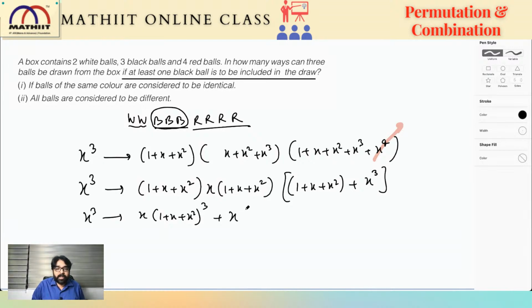No. So this will become x power 4 into (1 plus x square) power 2. Till here everybody understand? Please confirm.